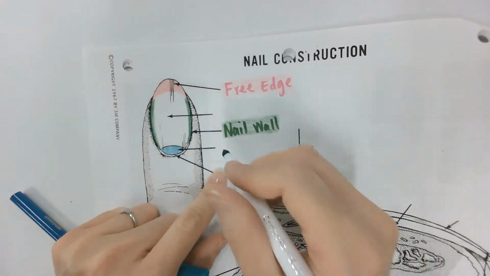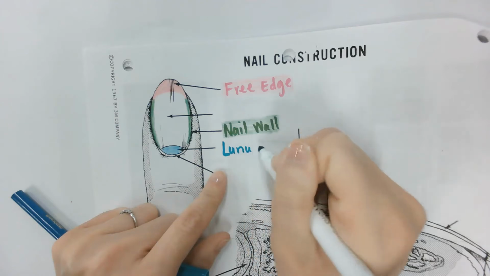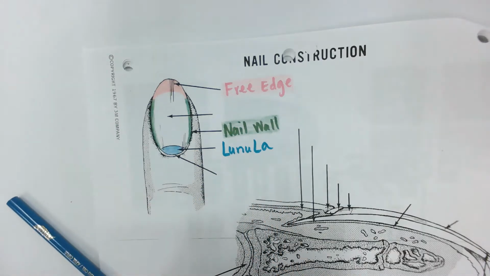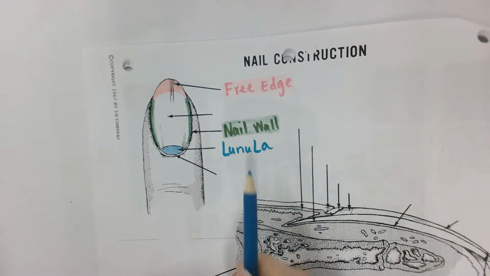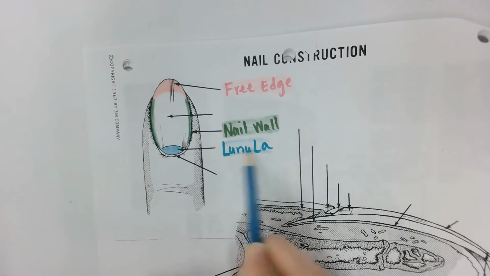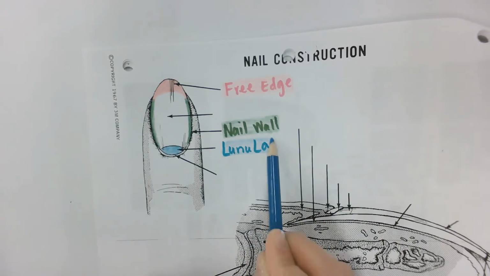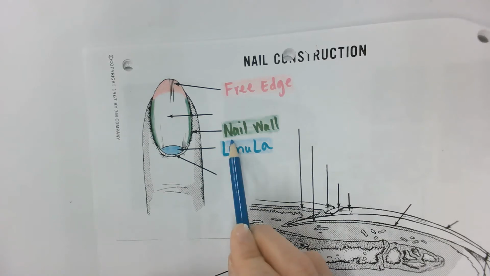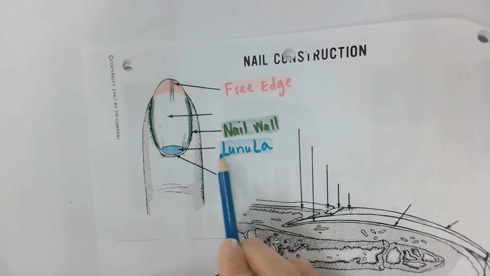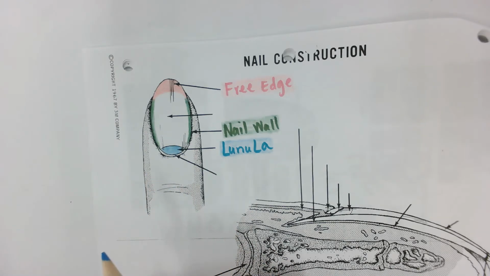So here you have the lunula, L-U-N-U-L-A. Lunula should remind you of la luna. In Spanish, it's the moon. La luna. The horizon of the moon coming up like so, that should remind you of the moon, la luna.